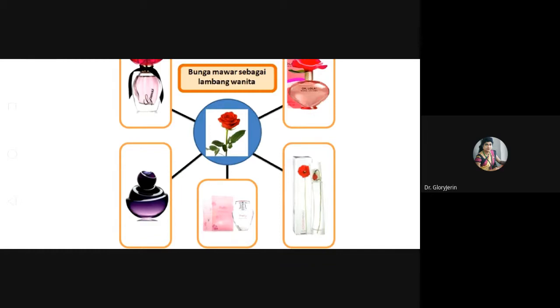So you can use a symbolic visual sign with a butterfly or rose flowers to communicate the character identity of this product, or who is using this product, woman or girls.